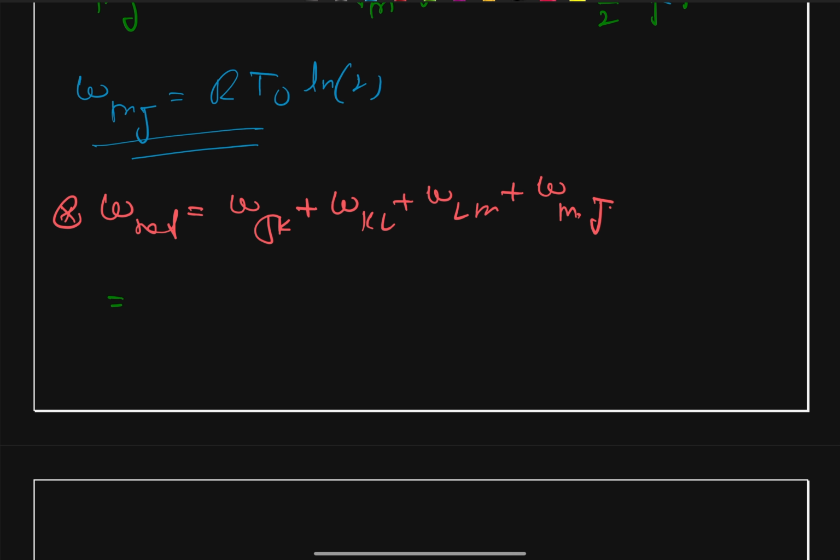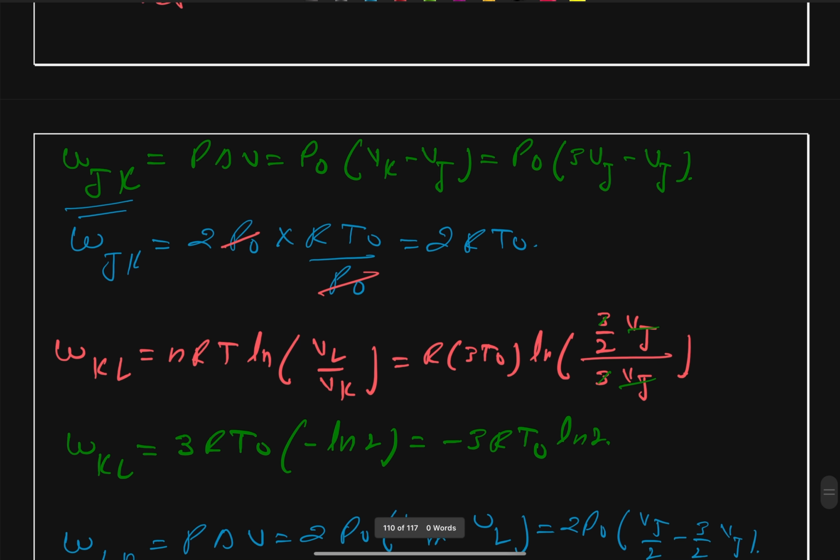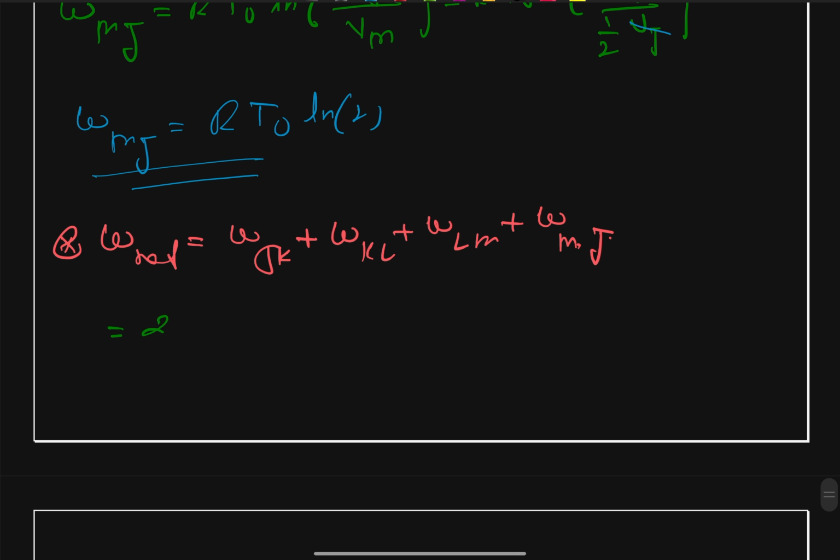So we get twice R T naught minus twice R T naught and minus 3 R T naught natural log of 2 plus R T naught natural log of 2, and the 2 and minus 2 cancel out.